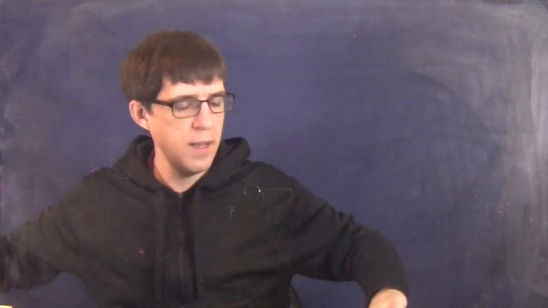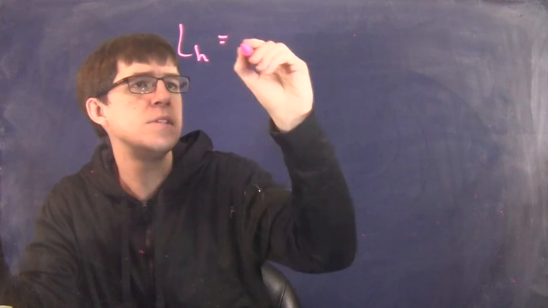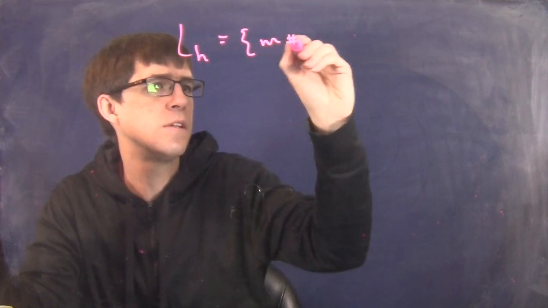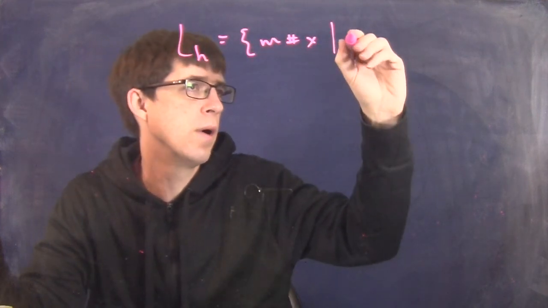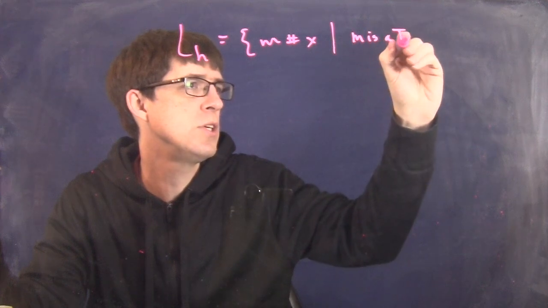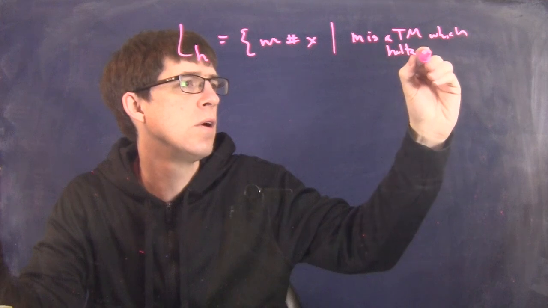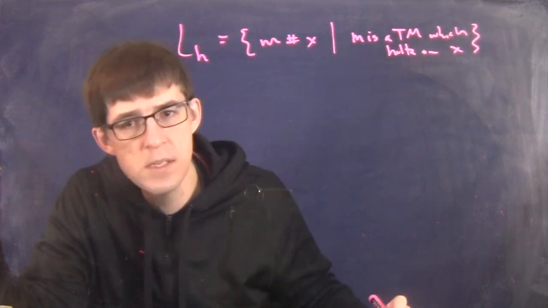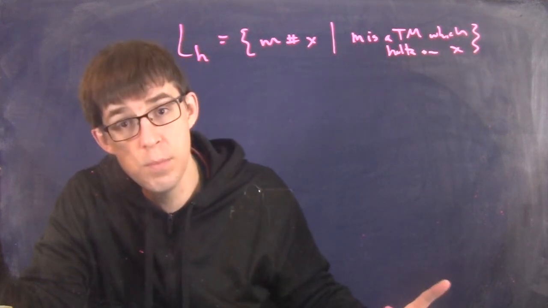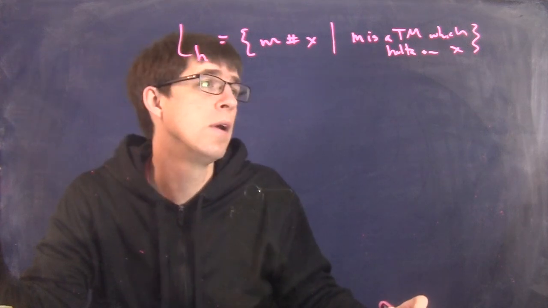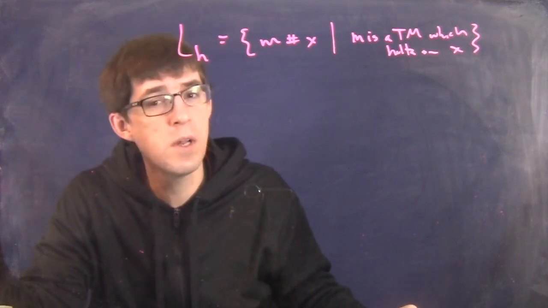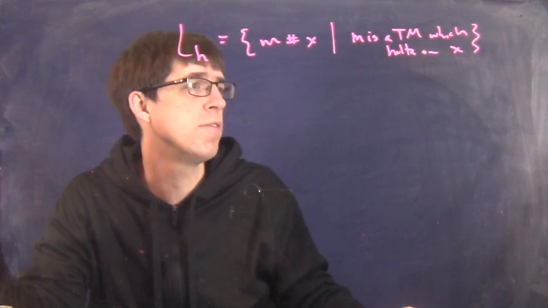If you recall, LH is the language of strings that look like M separator X, where M is a Turing machine which halts on X. And this is recursively enumerable, but it's not recursive. That means sometimes you can do it on a Turing machine, but sometimes the machine might run forever.